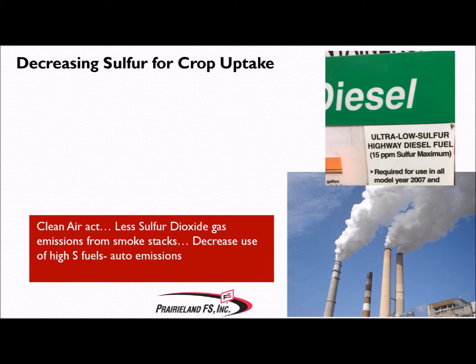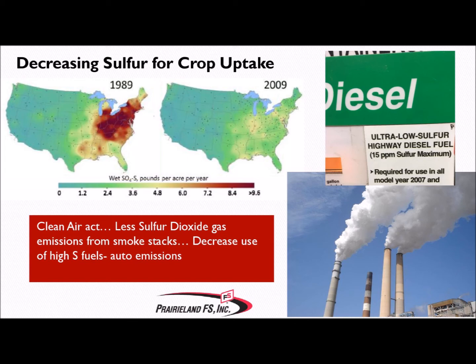Compounding or confounding sulfur availability issues is a decrease in sulfur supply from the atmosphere, and this graphic documents a change in the available quantity of sulfate in Midwest soils over years, and that is a direct result of changes in legislation and policy brought about by the Clean Air Act.